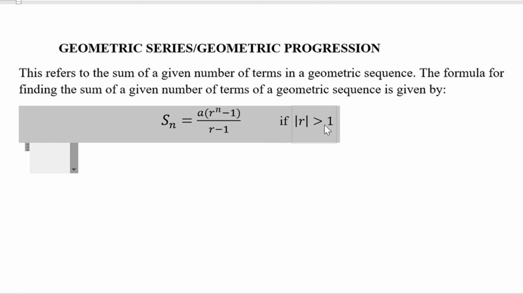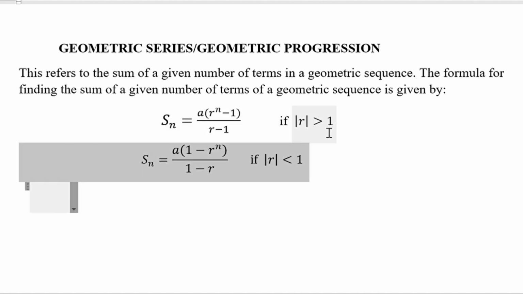But if it's less than 1, then we use the formula Sn = A(1 − R^n)/(1 − R). This is a situation whereby the absolute value of the common ratio is less than 1.